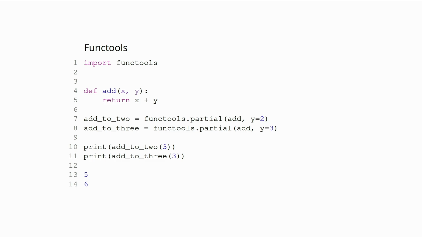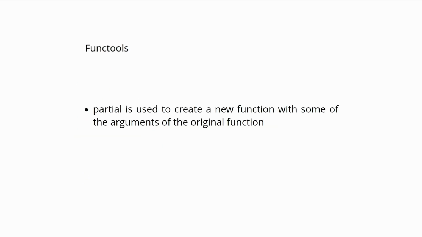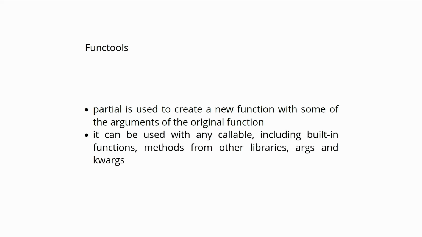When we run it, we can see that it returns the correct result. So partial is used to create a new function with some of the arguments of the original function, and it can be used with any kind of callable, like built-in functions, methods from other libraries, args, and kwargs.